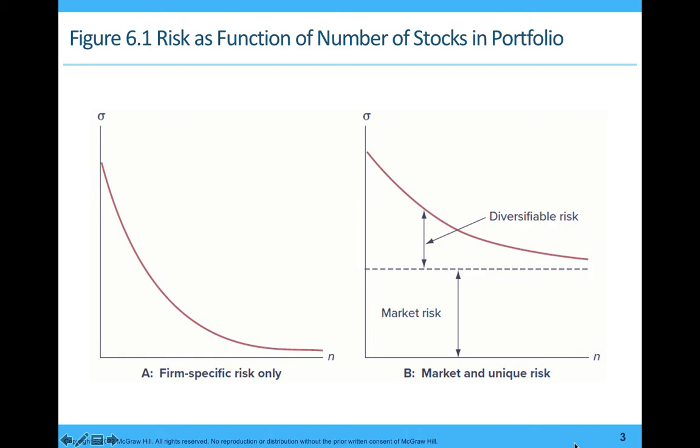After a limit, it becomes negligible. It is totally reduced because the risk is firm specific. So with proper diversification, you can reduce your diversifiable risk, but your market risk remains the same. It cannot be diversified.